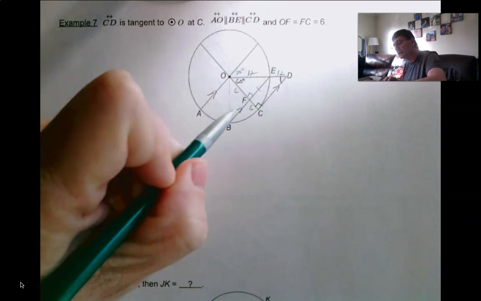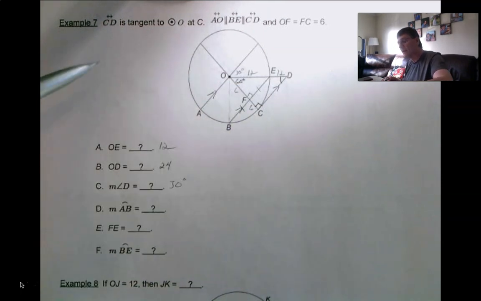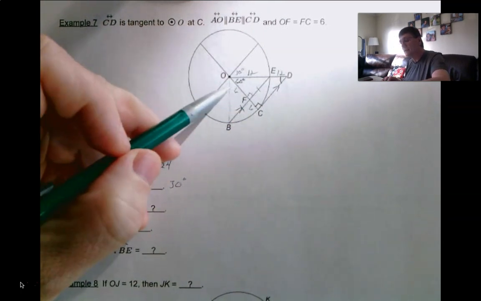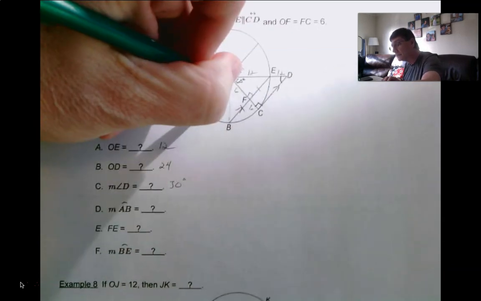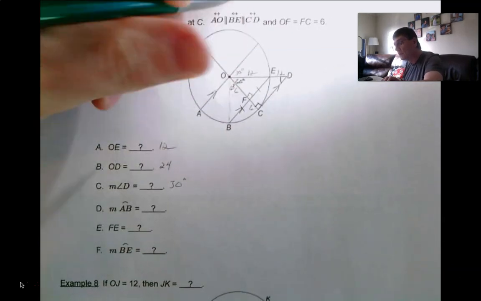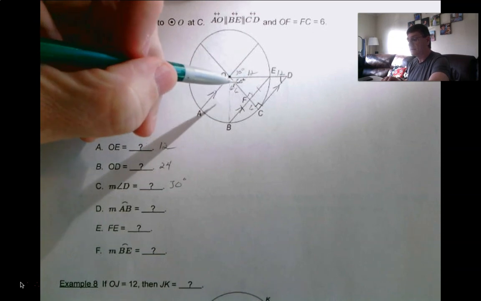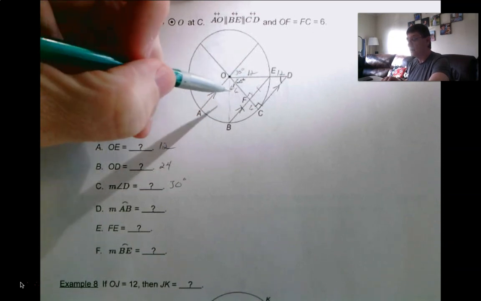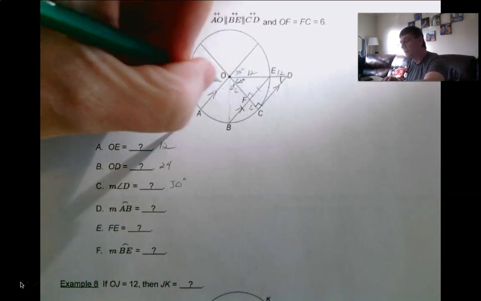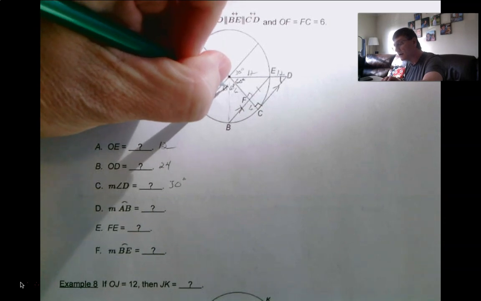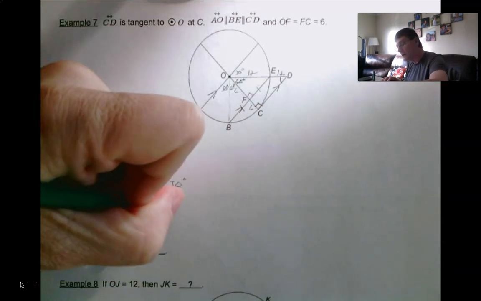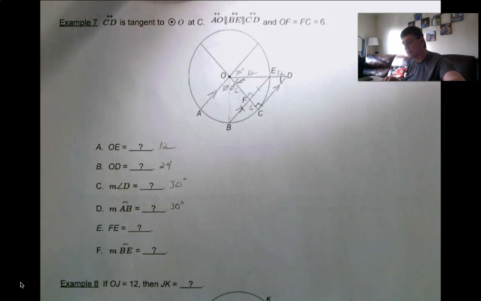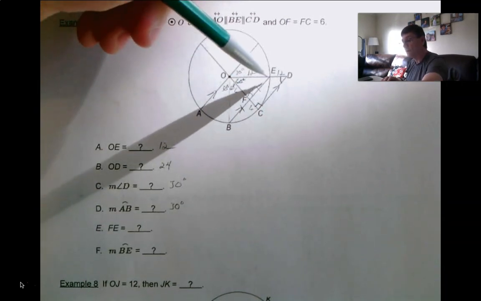This is being bisected. This is 60. This is also 60. 60, 60, and 30 is 150. How much is left? 30 degrees. AB is 30 degrees.